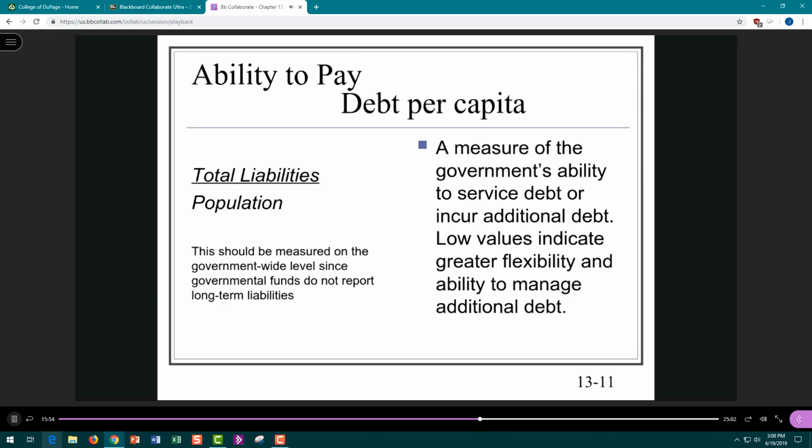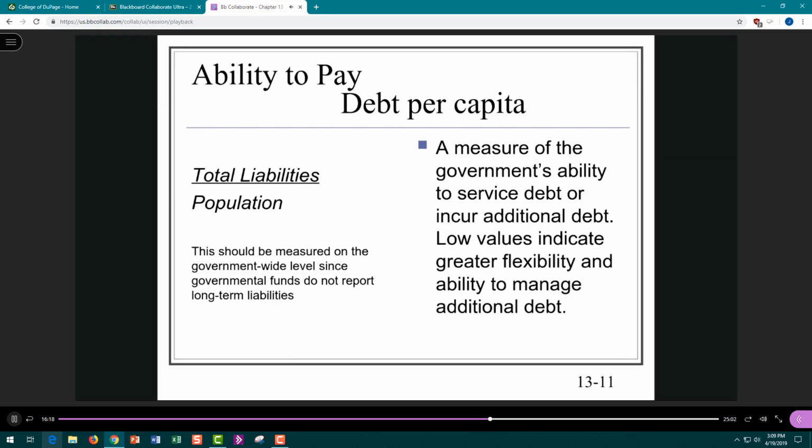But if the government is not issuing a CAFR, you will have to go to some other source in order to grab that number. That's a pretty obvious number that you could get from other sources, the government could even be on their website. Now, this is a very common number that is used to assess the debt burden.